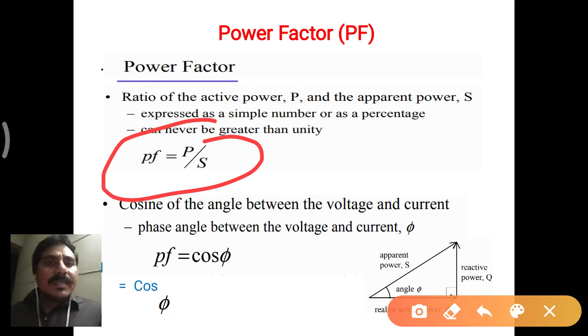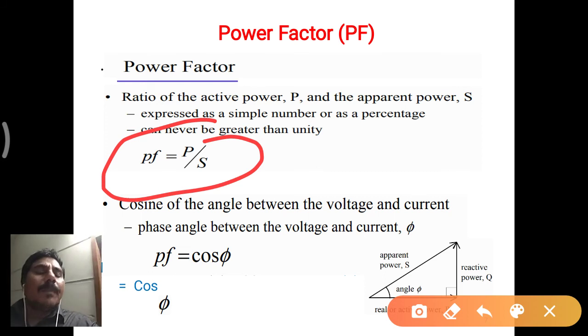In other terms, power factor is also defined as cos theta. Cos theta is the cosine of the angle between voltage and current, and that cos theta is defined as the power factor.